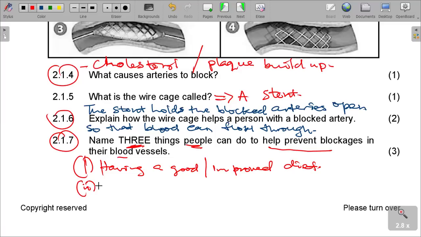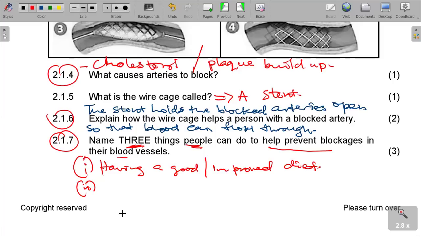Regular exercising. I'm sure that you have seen that when we are exercising, it is quite good in terms of always improving people's health. So if people have health problems, we have got to talk about exercising.